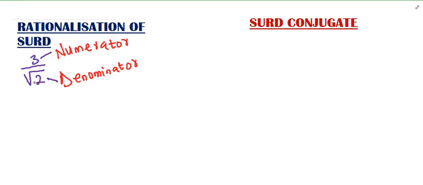Now the denominator cannot be a SOD number. That is what I want to explain here.